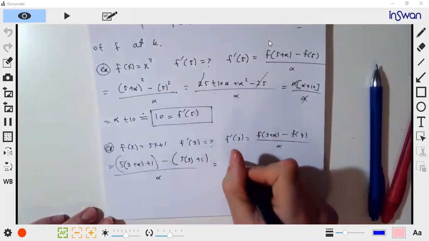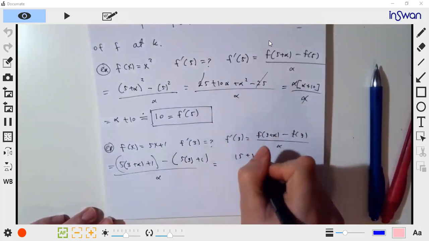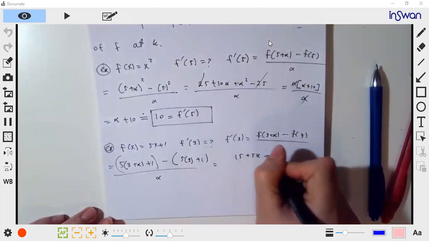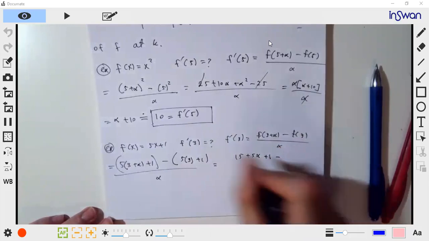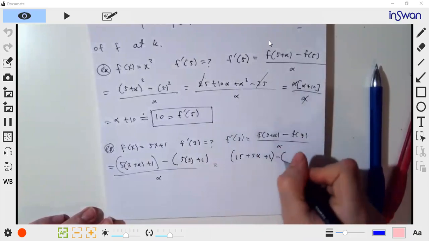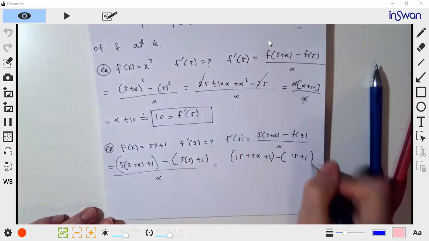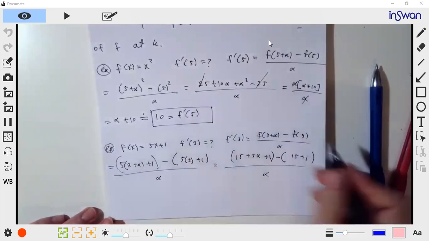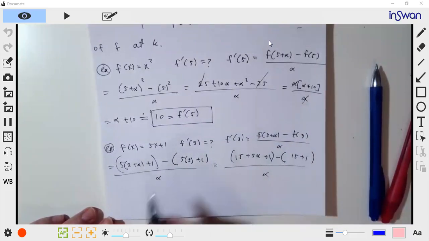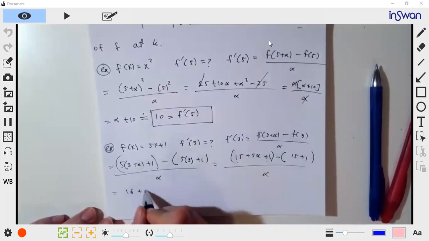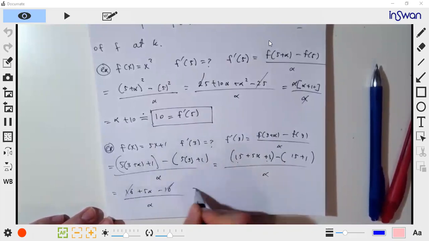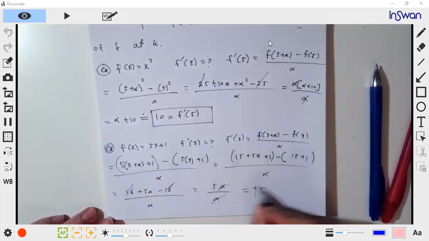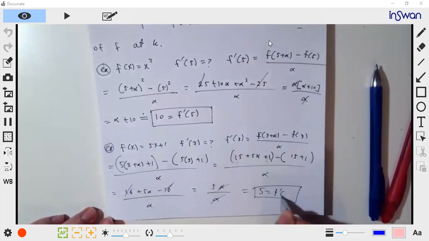So this ends up being 15 plus 5 alpha plus 1 minus, in parentheses, 15 plus 1, all over alpha. 15 plus 1 is 16. These two combine to become a 16. So notice this becomes 16 plus 5 alpha minus 16 all over alpha. 16's cancel. We get 5 alpha over alpha. Alpha's cancel. So we get 5. This is equal to our f prime of 3.